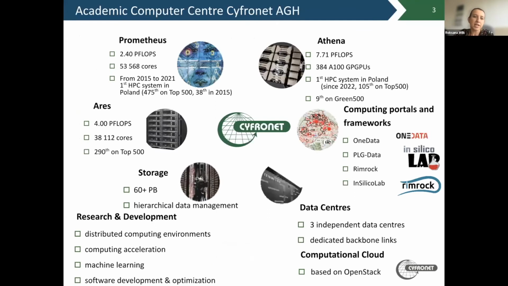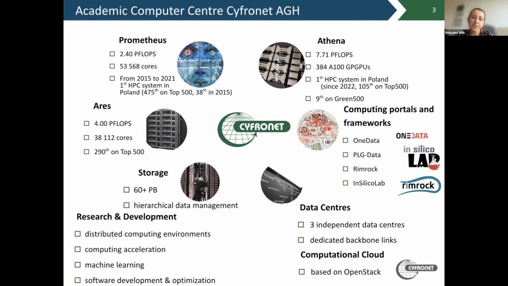We are running right now four machines: Ares, Prometheus, Athena, and Zeus, which is not listed here. Computing portals and frameworks for the general public, let's call it, because they can be used by different scientific disciplines.